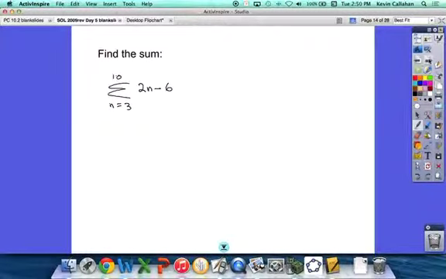Okay. So this one, if you were presented with this and you wanted to use your formula, n over 2 times a1 plus an, I need 3 things: the number of terms, the first term, and the last term. How many terms are there? If it starts counting at 3 and it ends at 10, how many is that?